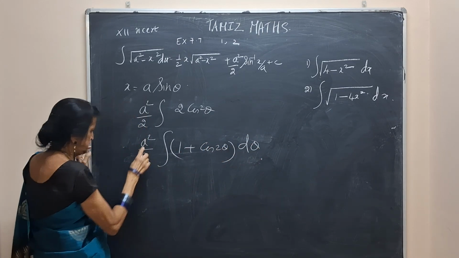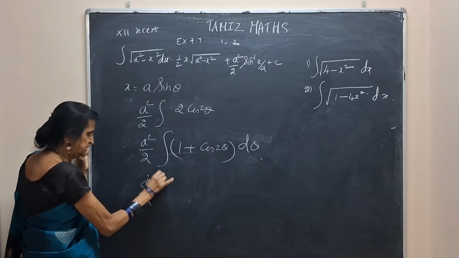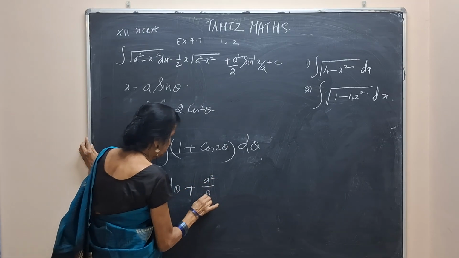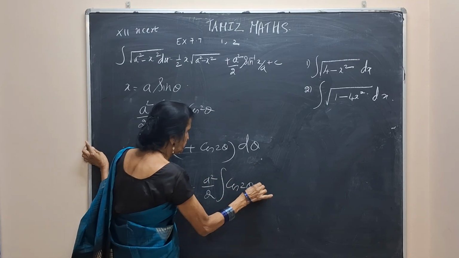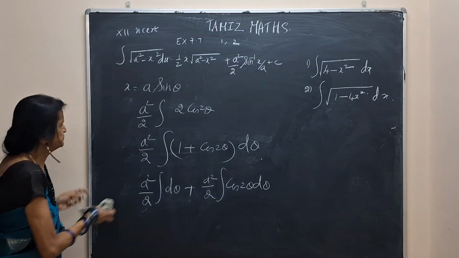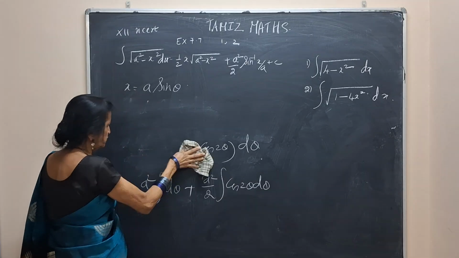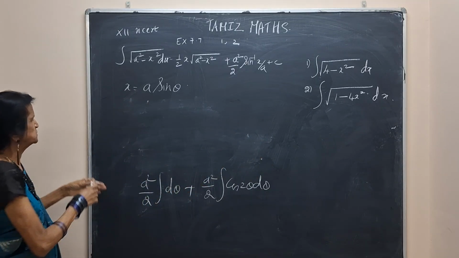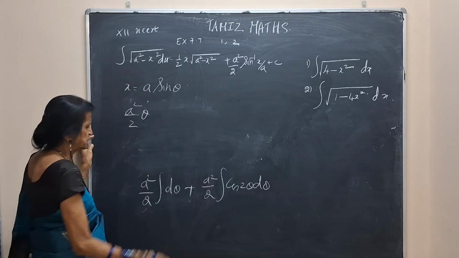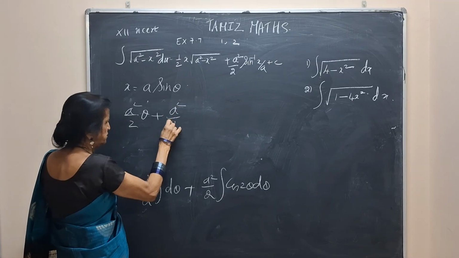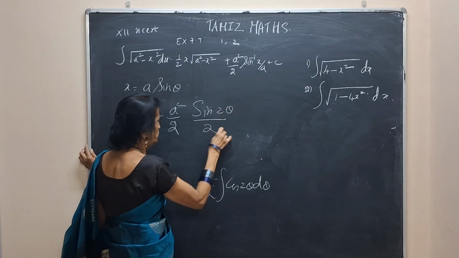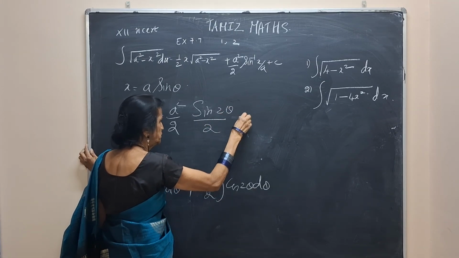Split it: a square by 2 integral d theta plus a square by 2 integral cos 2 theta d theta, which is equal to a square by 2 integral d theta, which is theta, plus a square by 2 integral cos 2 theta, which will be sin 2 theta by 2. Of course, plus c you can put in the last also if you want.